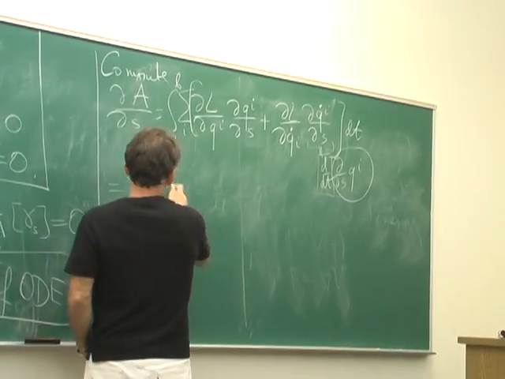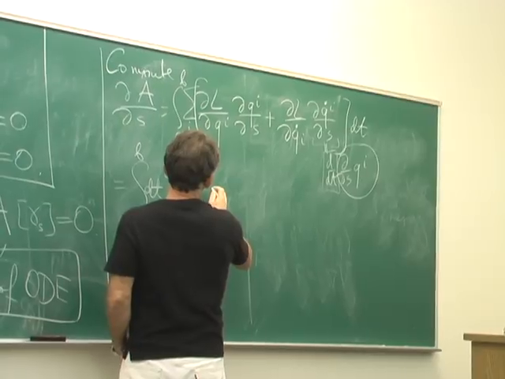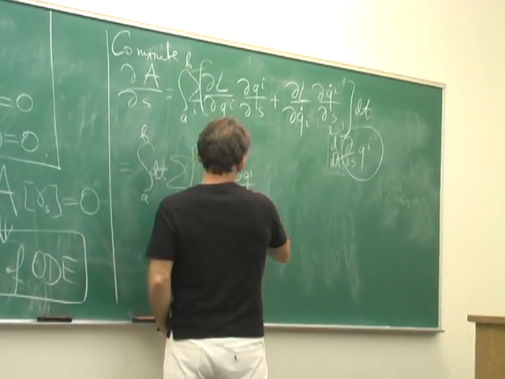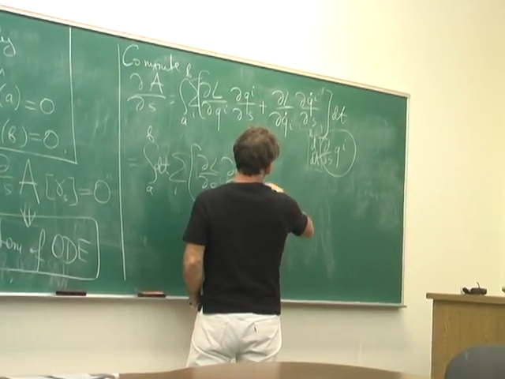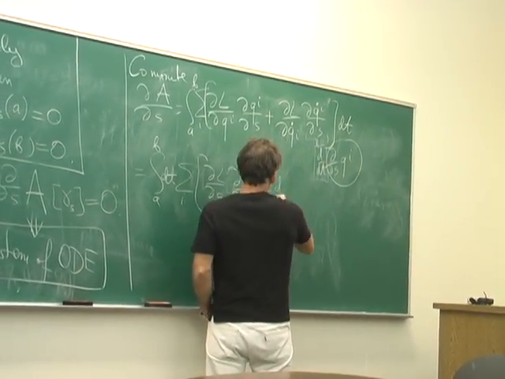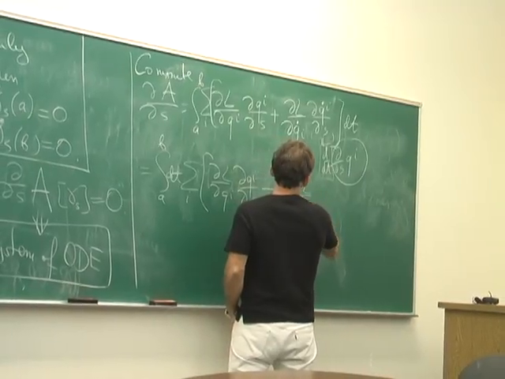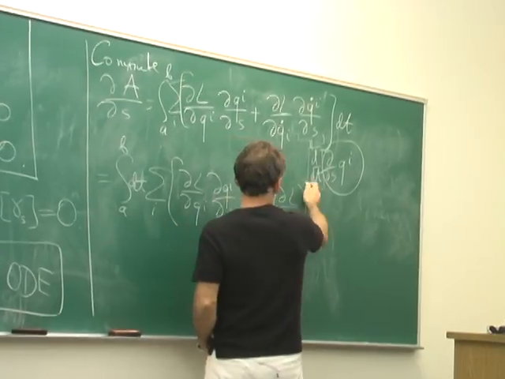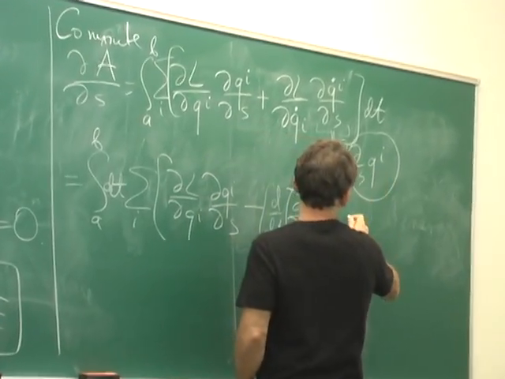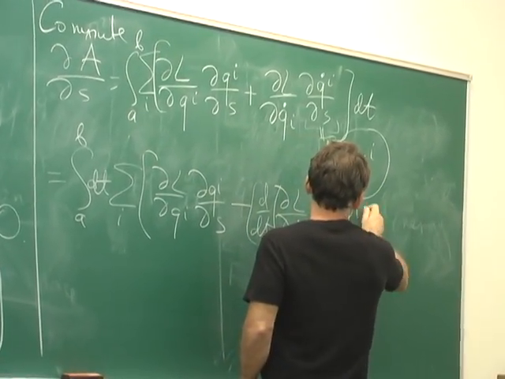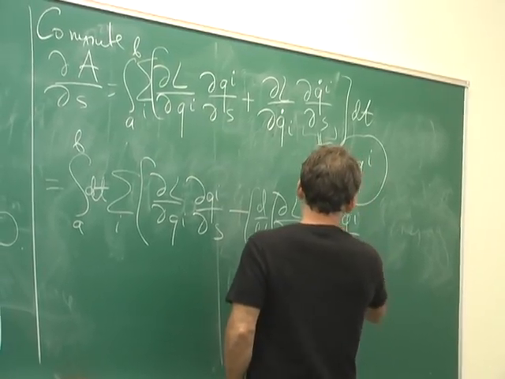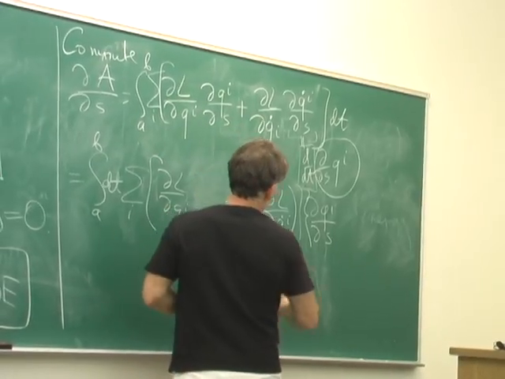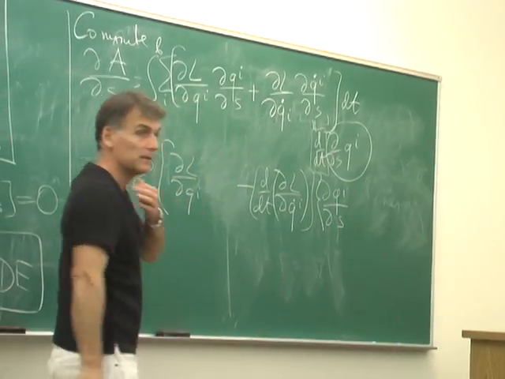So this is equal to the integral of the sum over i of dL by dq_i minus d by dt of dL by dq dot i, times dq_i by ds. That derivative acts on that, and the other term is the same as this, so I pull it out. So that's what you get.